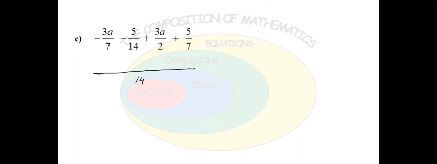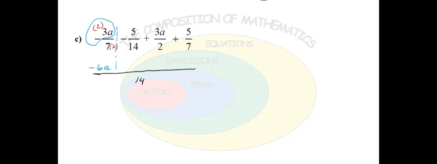So the first term here, if I multiply the denominator by 2, I'll get 14, so I need to multiply the numerator by 2. So it would be a negative, and then 2 times 3a. That would be a negative 6a for that term.